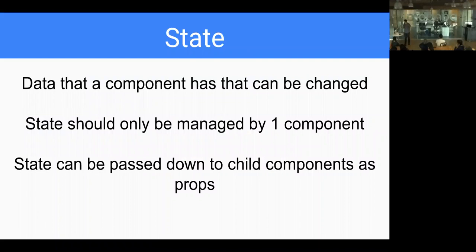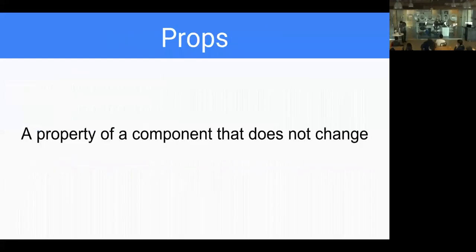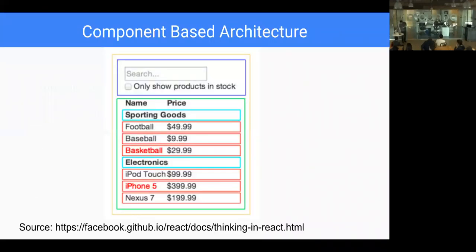Okay, now to get into state. The key thing about state is that it is the data that you want to change in your app. And you saw in that previous example that I said these things are probably props, right? Well, those things could also be state somewhere else.